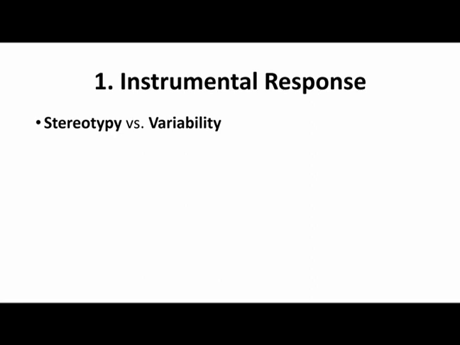The problem that I want to draw some attention to here, and that the textbook focuses on fairly briefly, is that this way of talking about it suggests that instrumental conditioning is going to result in some kind of stereotyped behavior, where the responses that are produced are going to be very rigid and fixed and potentially very unchanging.